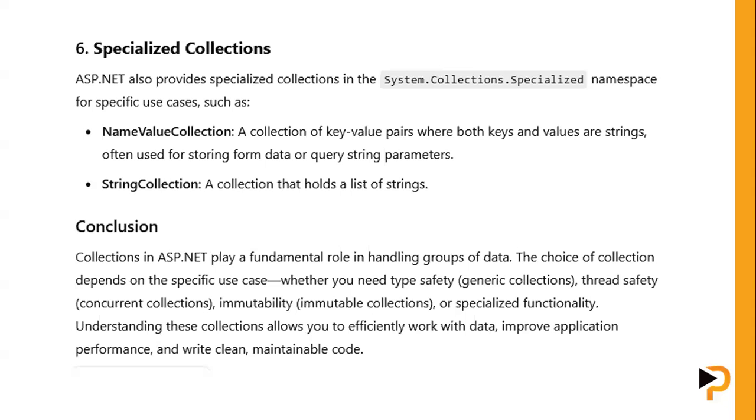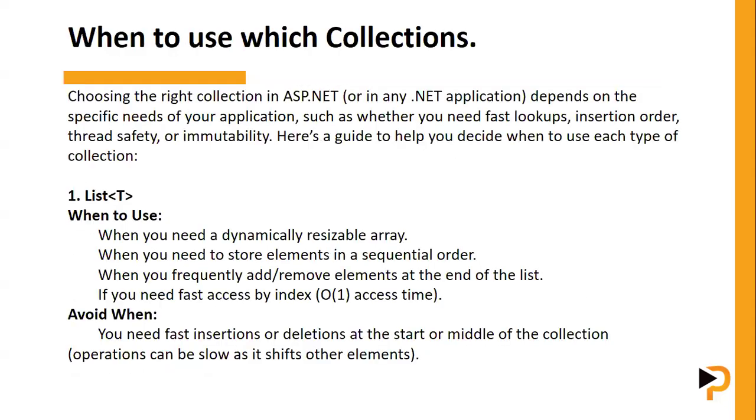Whether you need type safety, go for the generic collection, then concurrent collections, immutable collections, specialized collections. Understanding these collections will allow you to efficiently work with the data, improve your application performance, and write clean and maintainable code. Depending on your requirements, you can select the particular collection and use it.